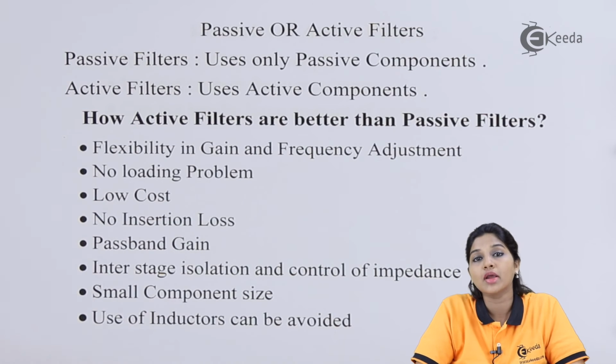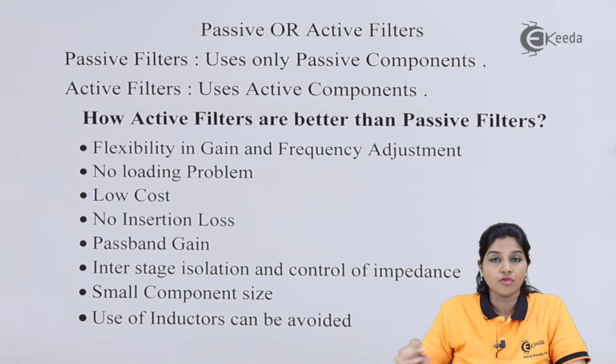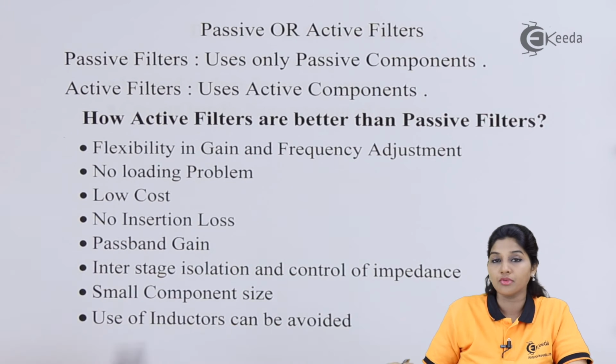The next advantage provided by active filter is interstage isolation and control of impedance. These two characteristics are provided by active filter, which is not possible with passive filter. The next advantage is small component size.